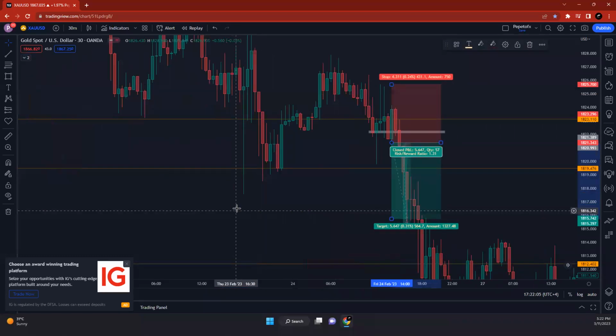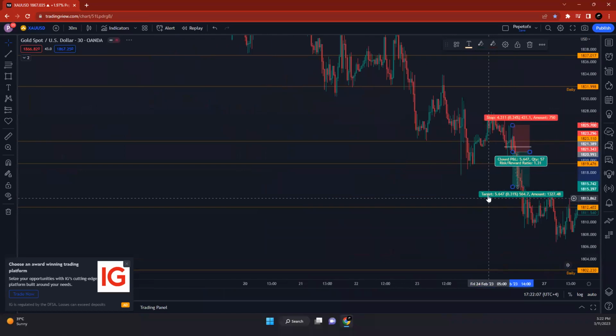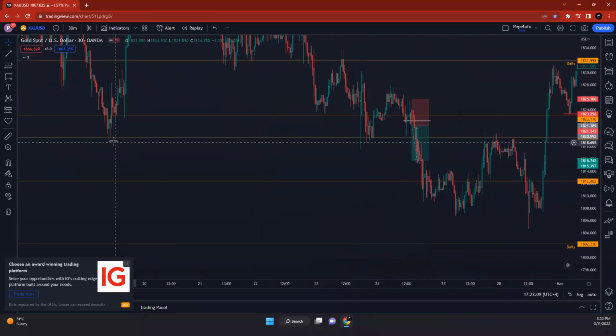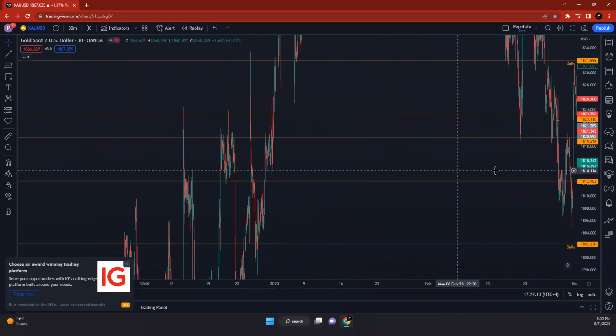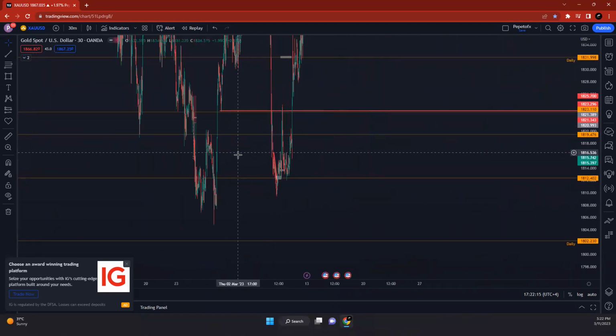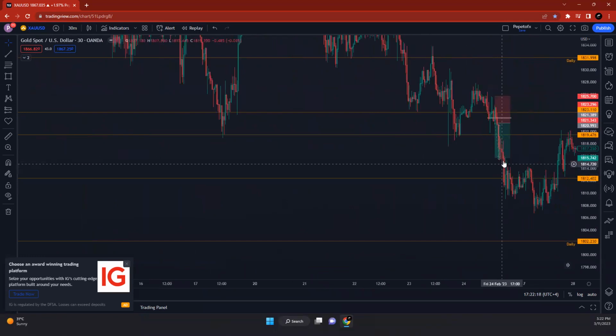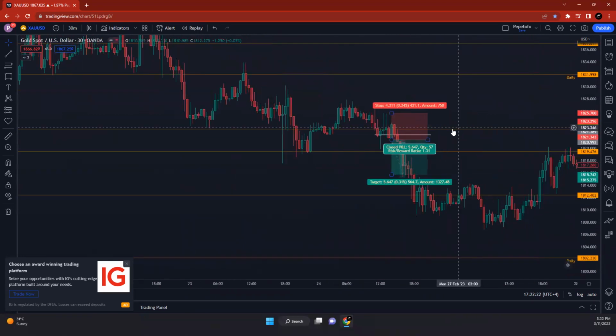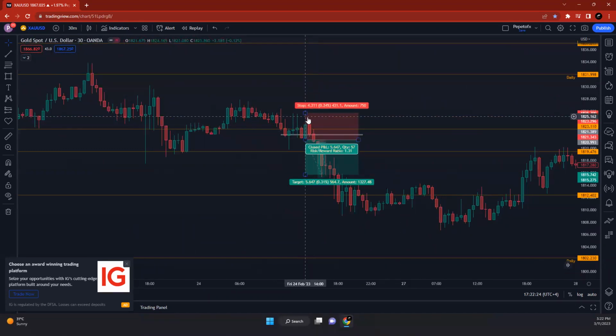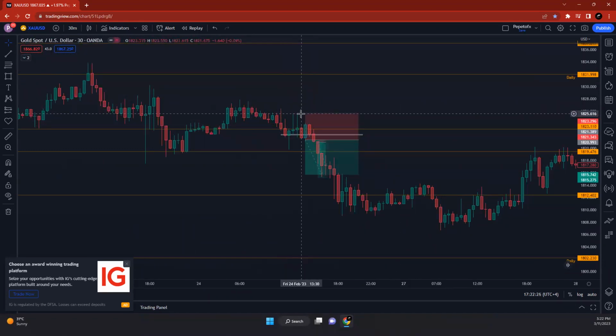My next structure to the downside, I will look at where it will be. It's here. So my TP will be somewhere here. That's it. If I don't have a FU, I put it above the structure. If I have a current candle breakout, that's enough.